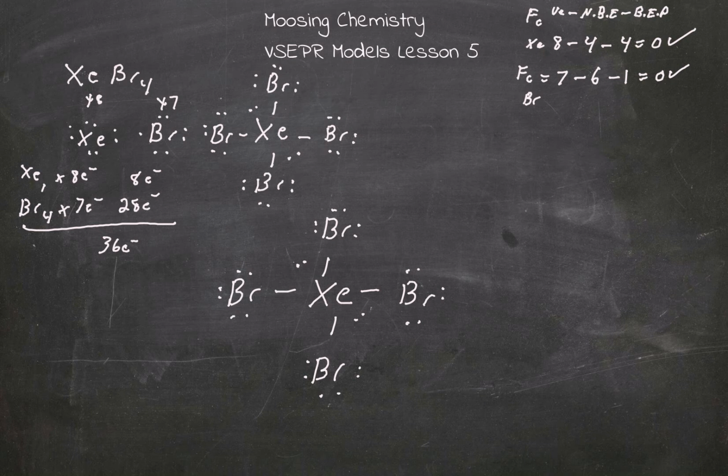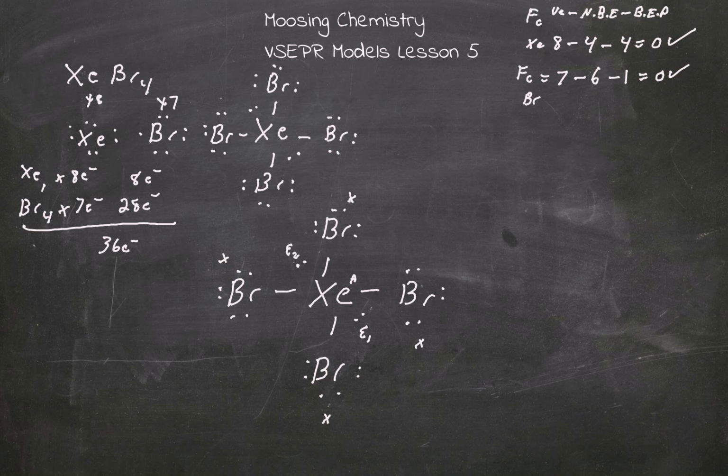So what we want to know is what is this structure's VSEPR model? So our Xe is our core, so we get an A there. We have X1, X2, X3, X4. This is going to be E1, and this is going to be E2.